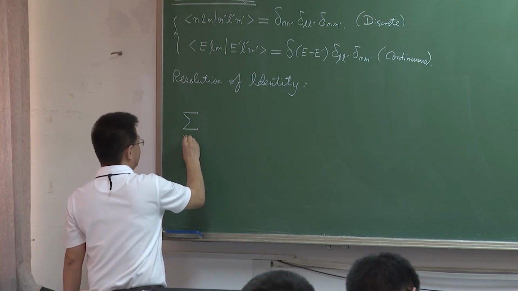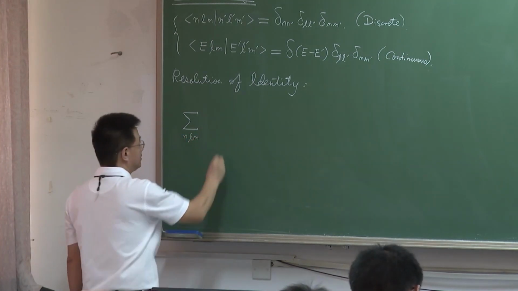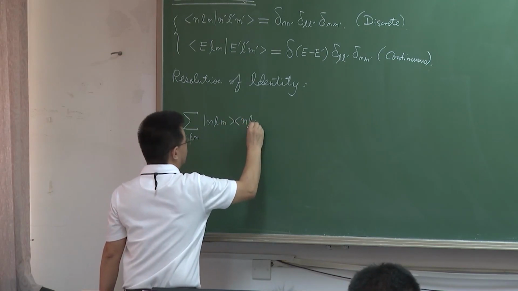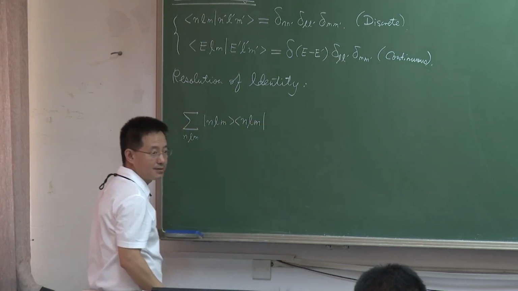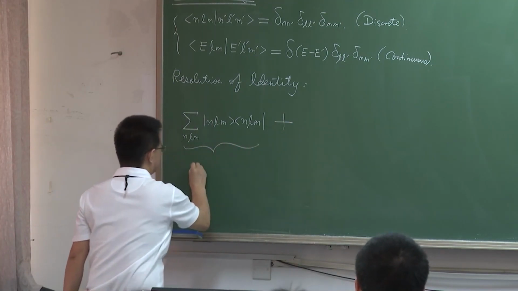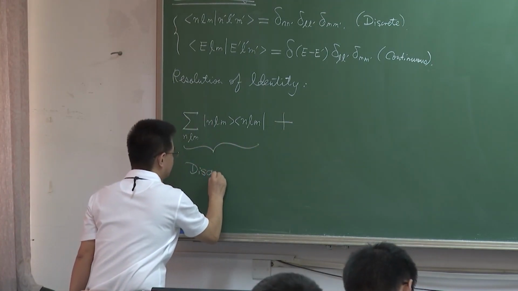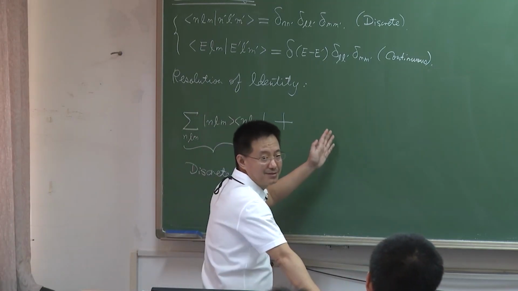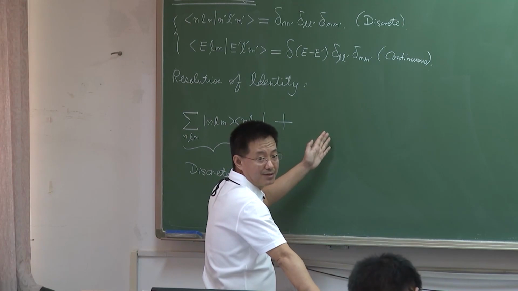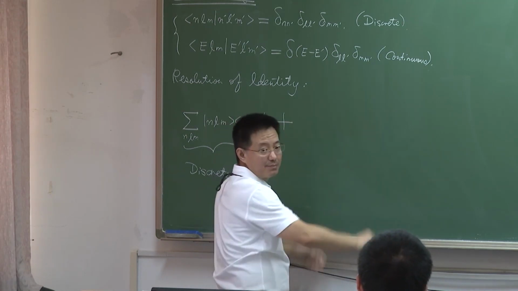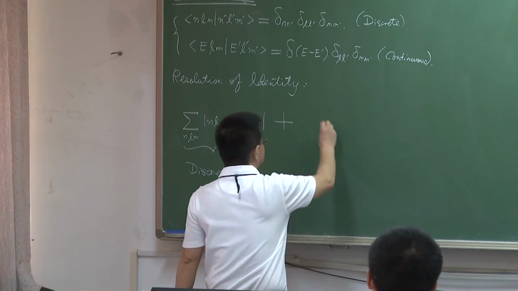Discrete is the sum over n, l, m of the ket n l m and bra n l m. This is completely a discrete case, right? And we also have a mixed case for the continuous states.